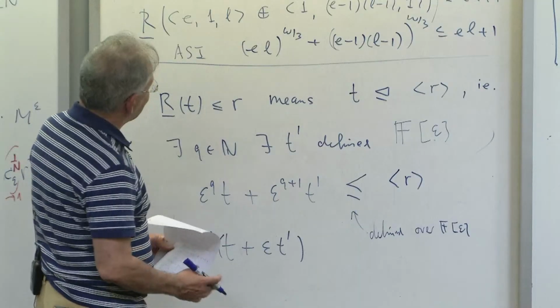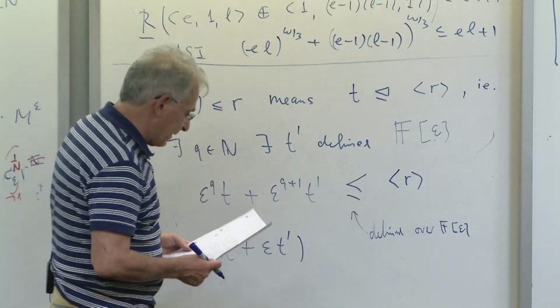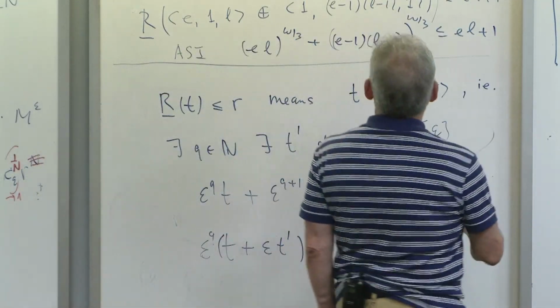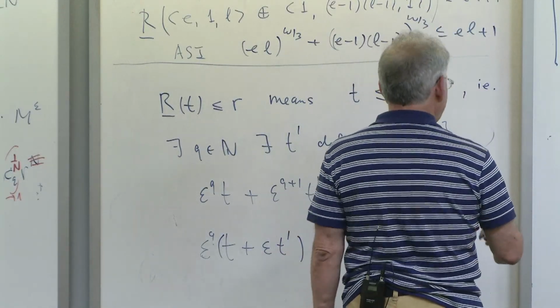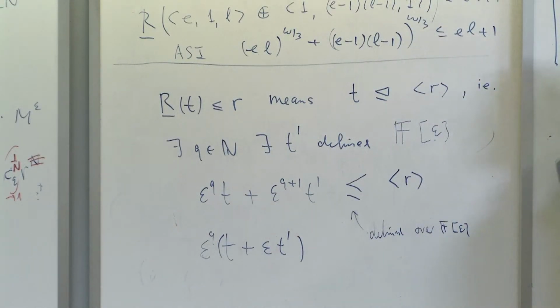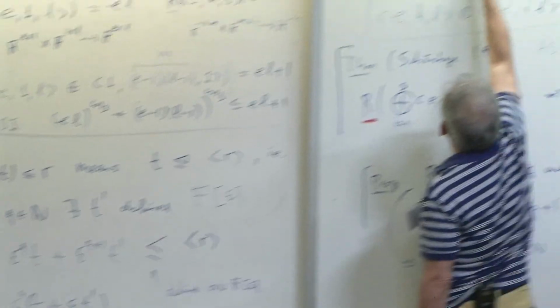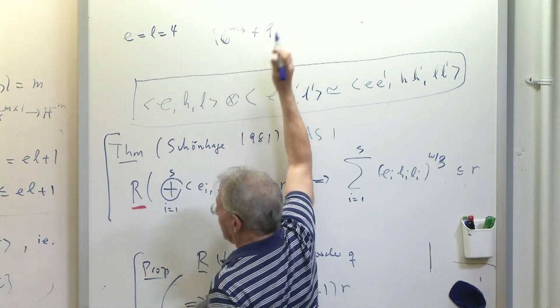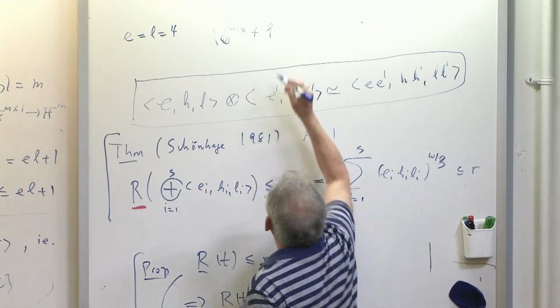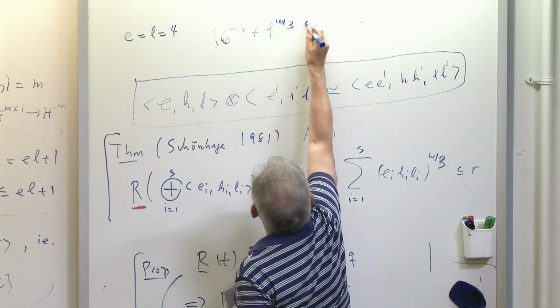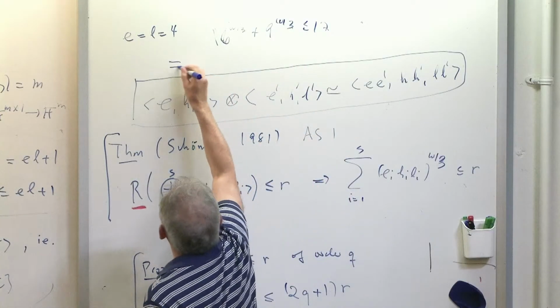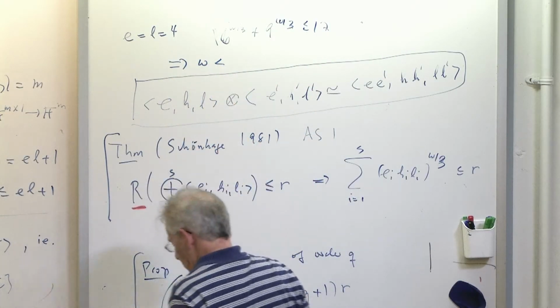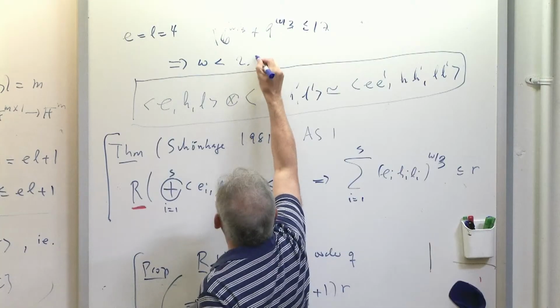So now the question is, what are the best e and l? And if you do the numerics, if e and l are 4, then what do I have? I have 16 to the omega over three plus 9 to the omega over three is at most 17, and this gives you an upper bound, which is 2.55.